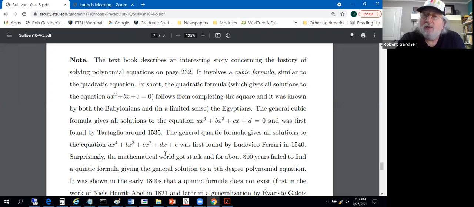So there's a formula for first degree polynomial equations. We don't need a formula there. Those are easy enough to solve. There's the quadratic formula for second degree polynomial equations. There's a cubic formula for third degree polynomial equations. And there's a quartic formula for fourth degree polynomial equations. But then the mathematical world got stuck.